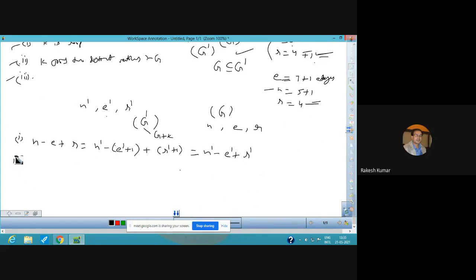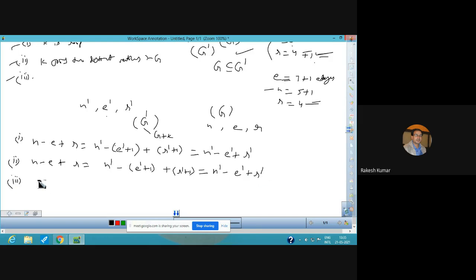And in the second case, again we get the same result, because the number of vertices is the same, edges are increased by 1, and regions are also increased by 1. So that is n dash minus E dash plus R dash.